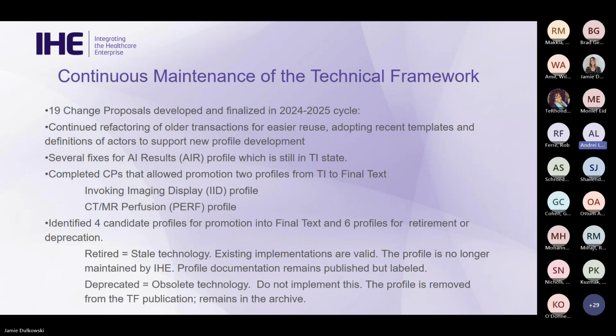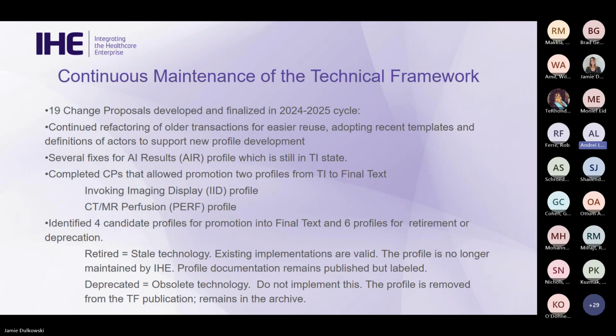We've added several fixes based on the real world feedback for the AI results profile, which is in the trial implementation state, but seems to be very well accepted in the real world and is being used, and we will probably be considering promoting it to final text fairly soon.